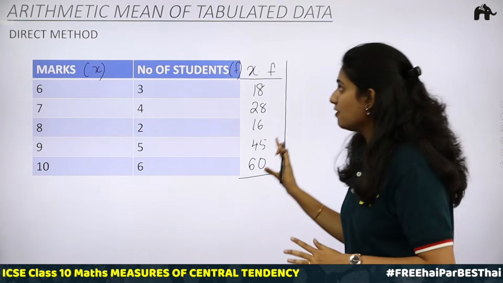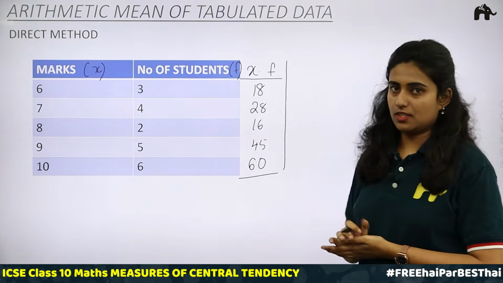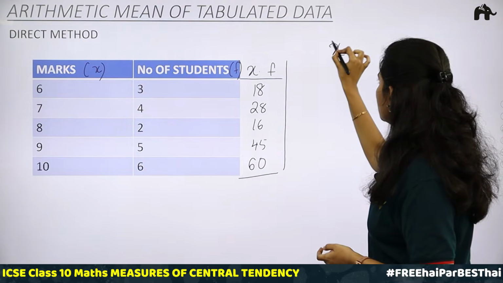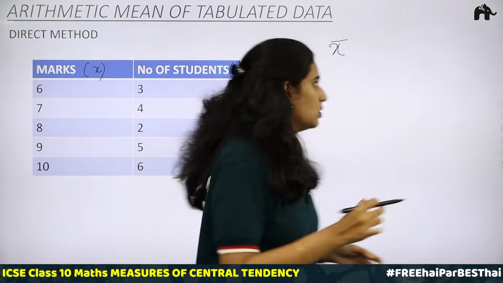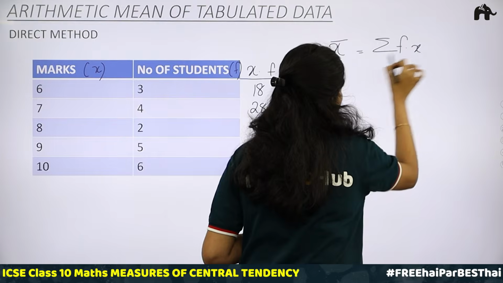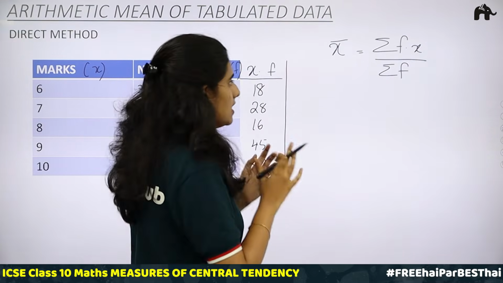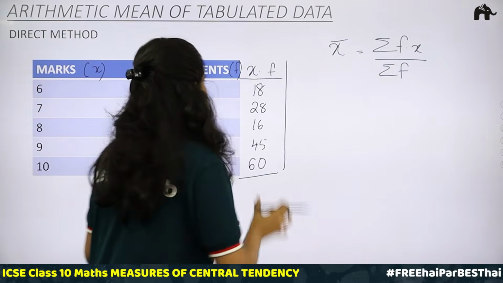Next, we have a formula to find the arithmetic mean using the direct method. Arithmetic mean is represented as x bar. X bar is equal to summation f into x divided by summation f. Sigma fx divided by sigma f. What is sigma? Yes, taking the sum.